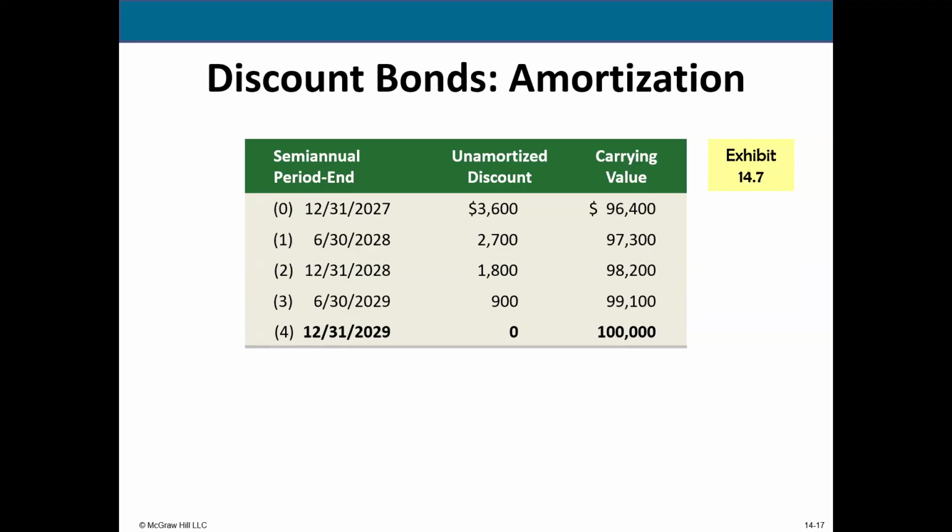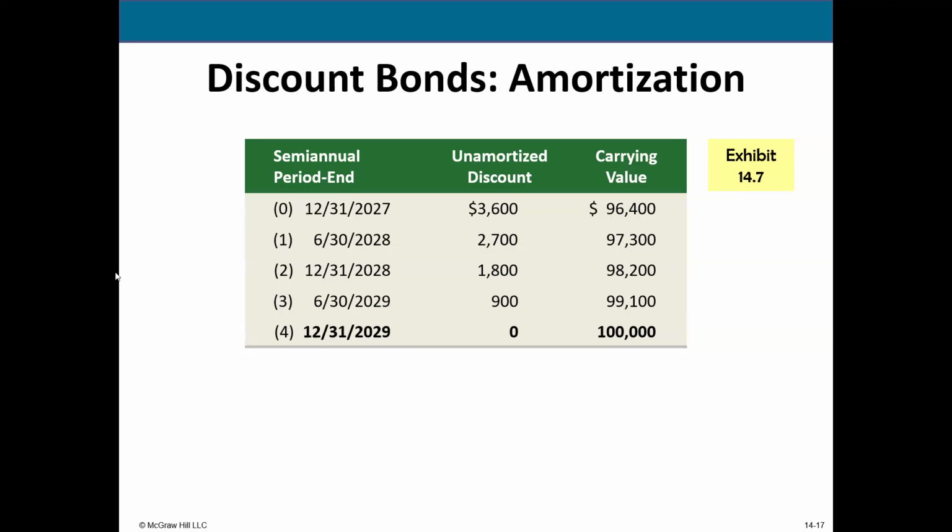Because we're making semi-annual interest payments, that means there's 4 of them. And so we're adding back in the amortized amount until we've reached the par value of the bond, which is $100,000 in this case. That's just a very simple amortization process.